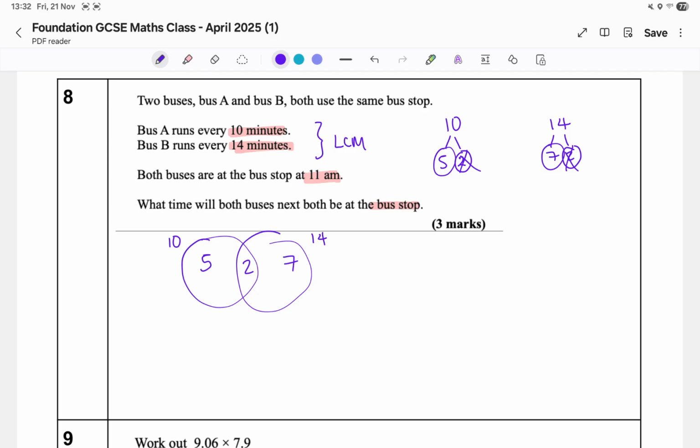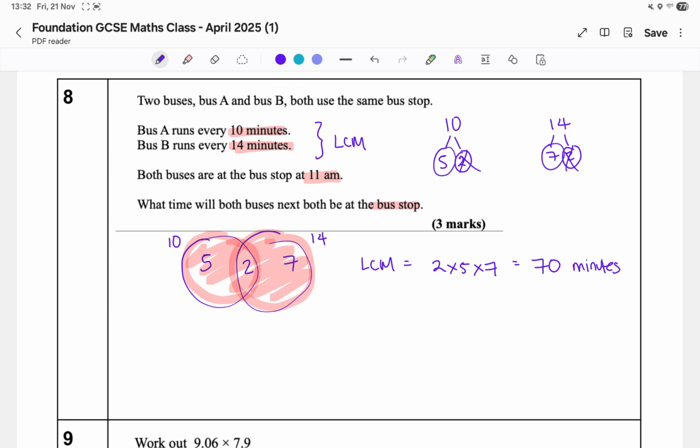So now I've drawn it. To work out the LCM, remember, it's everything in this Venn diagram multiplied together. So the LCM is going to be 2 times 5 times 7. 2 times 5 is 10, 10 times 7 is 70. So the next time they're going to meet is after 70 minutes.